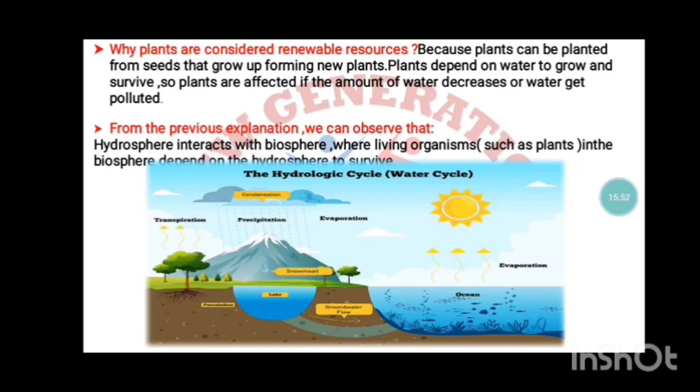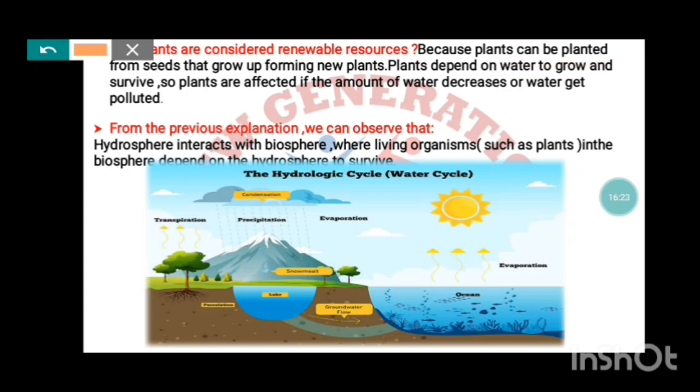Because plants can be planted from seeds that grow up forming new plants.